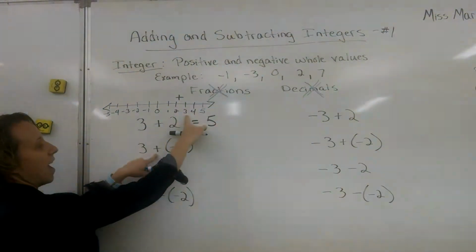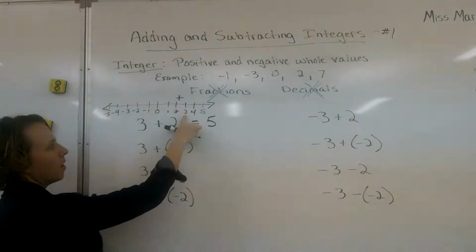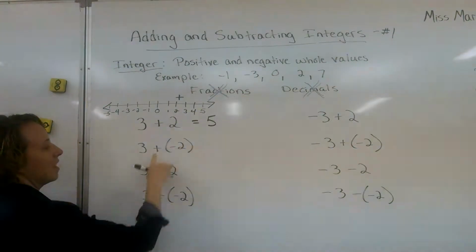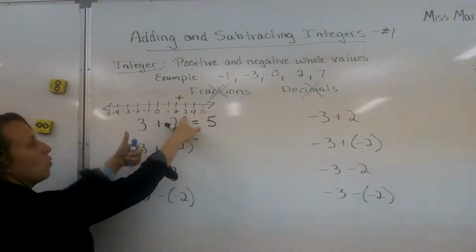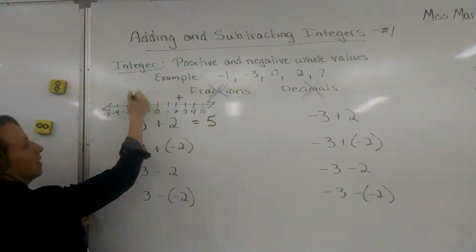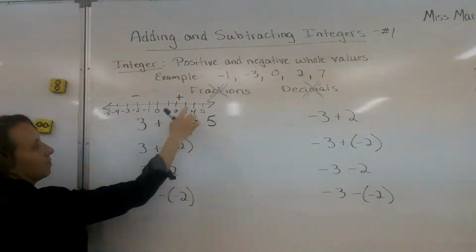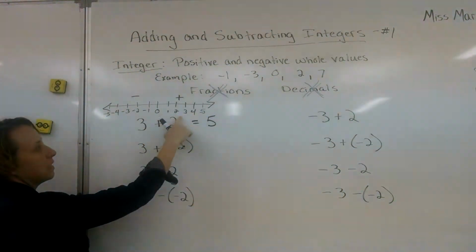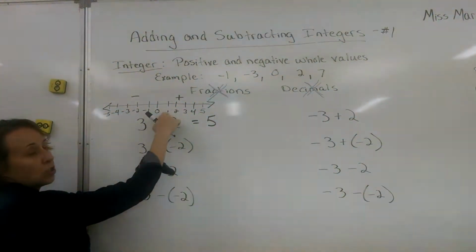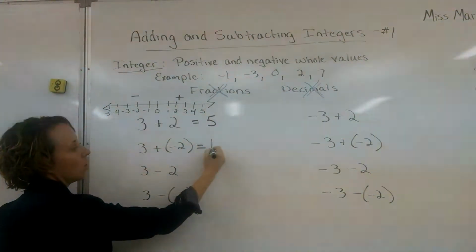If I start at 3 and I add a negative number, what I'm actually going to do is go backwards. This is like somebody giving you something negative. When we add a negative, we move in a negative direction. This is our negative direction. So starting at 3, adding -2 means to take away 2. You're going to end up at 1.